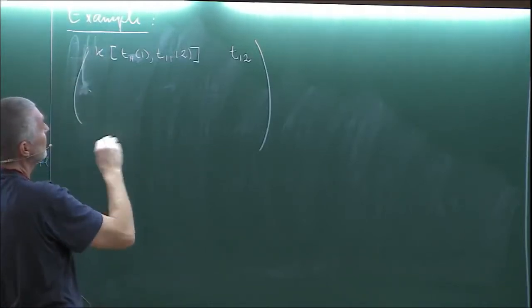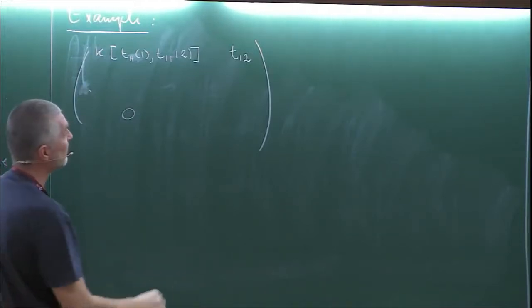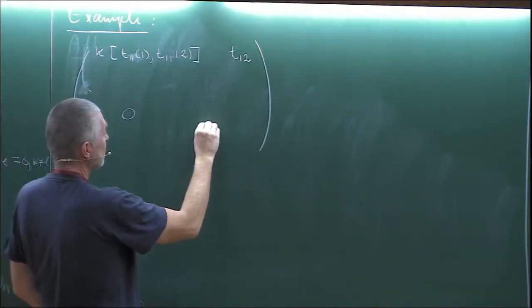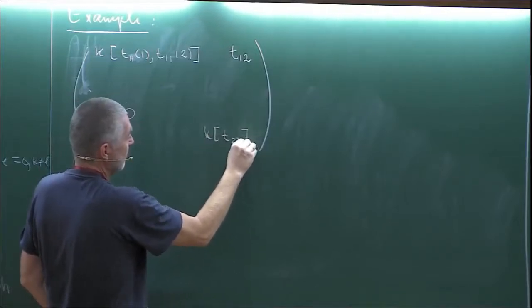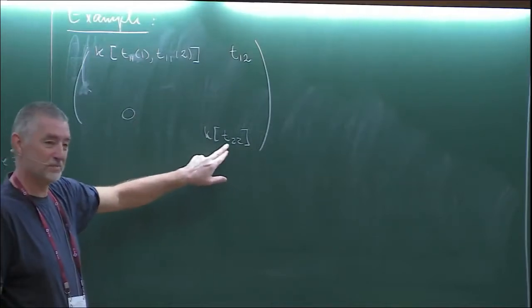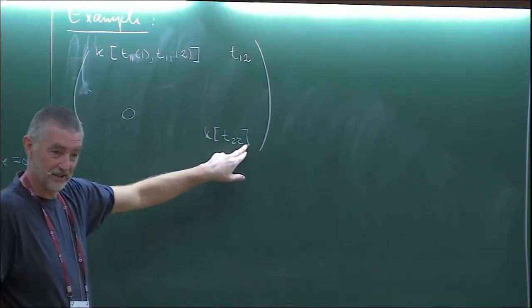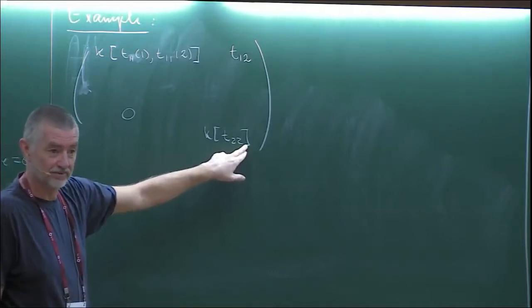And I just let this be 0. And I take K[T22] here. And when there is only one variable, this will always be commutative. So there, you can't have a non-commutative algebra in one variable.